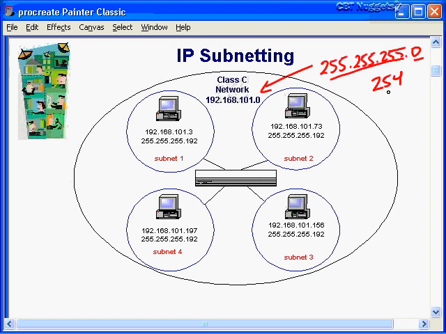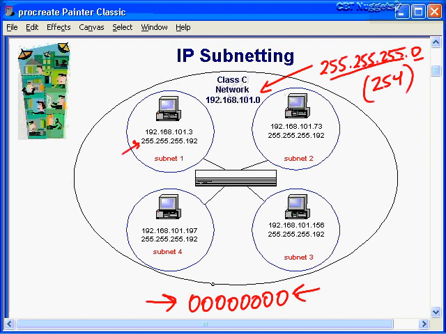But I might want to break up this 254 address space into 4 departments, again, for a wide variety of reasons, 4 subnetworks. In this case, all I simply do is manipulate the subnet mask. For example, right now, by default, with 254, all 8 of those bits in the subnet mask, if you look down at the bottom here, are turned off in the last octet of the subnet mask, meaning all 8 bits are for the host.